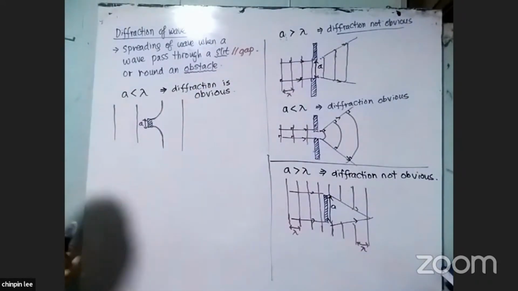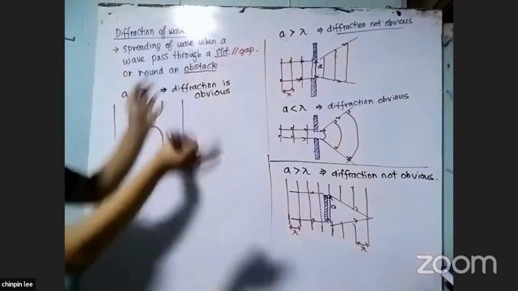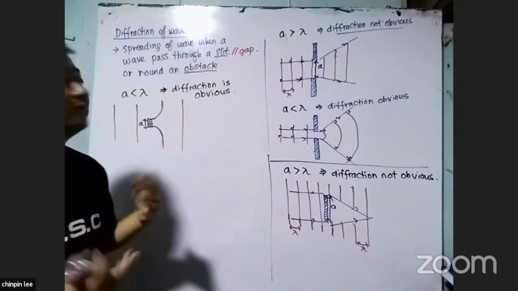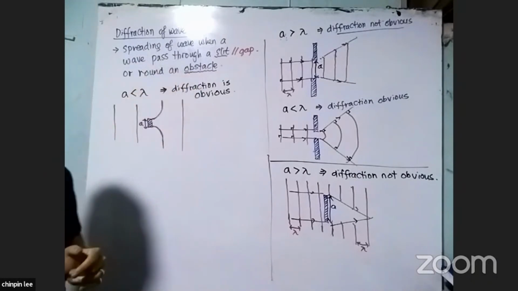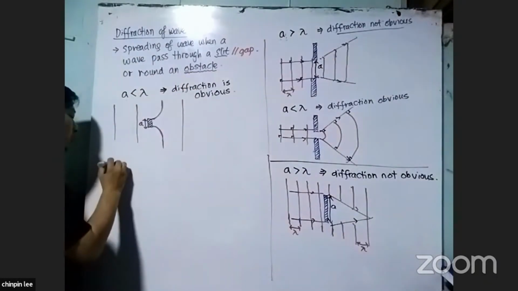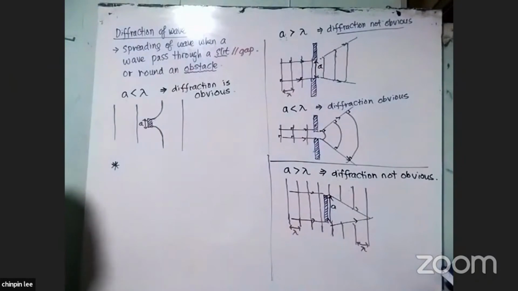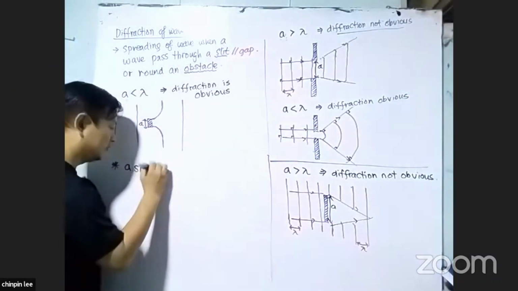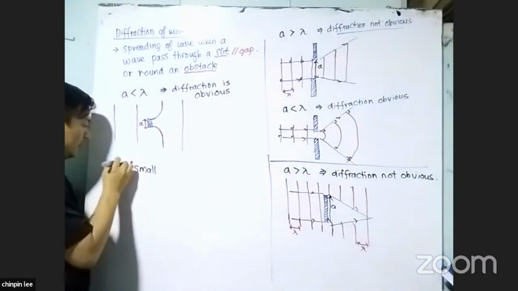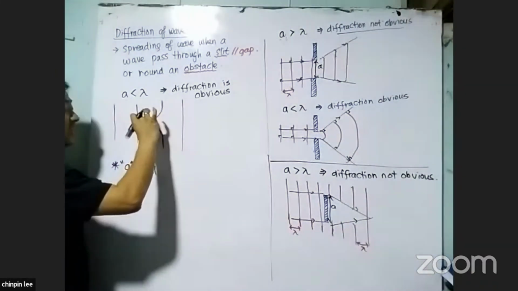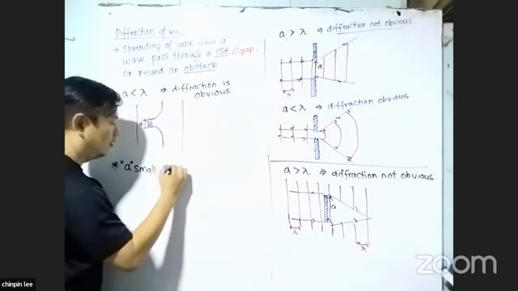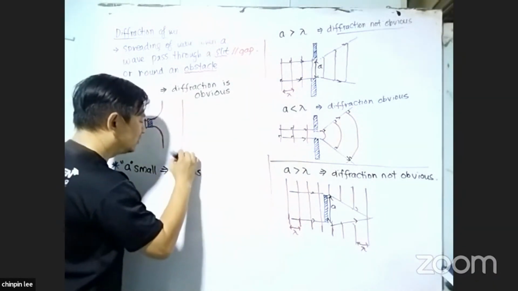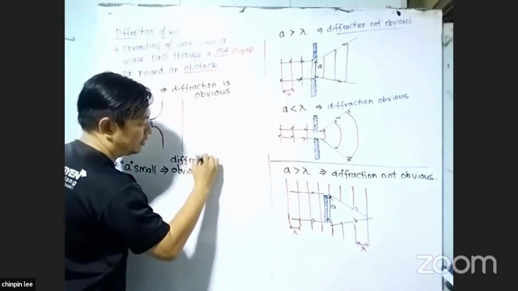Obvious. So what is diffraction again? Diffraction is bending of the wave, spreading of the wave when the wave goes through a gap or an obstacle. Now, I want you to memorize one thing. When A is small, diffraction is obvious.